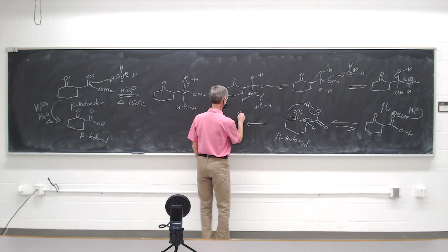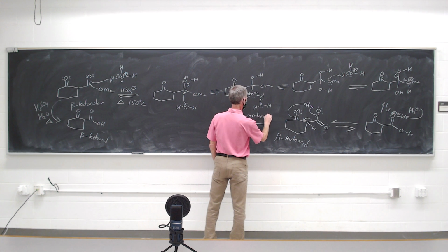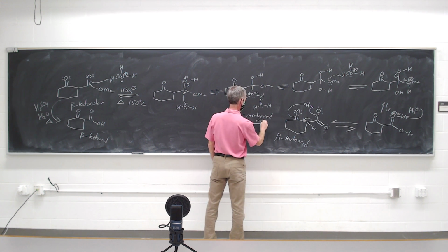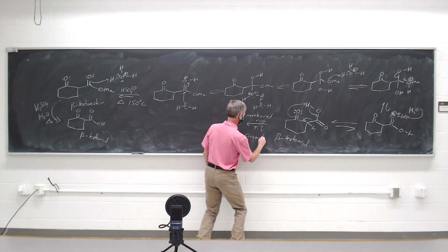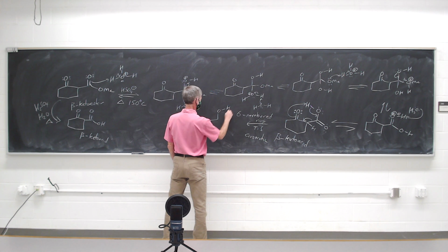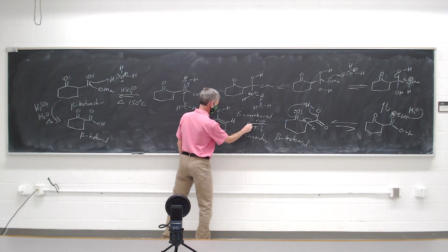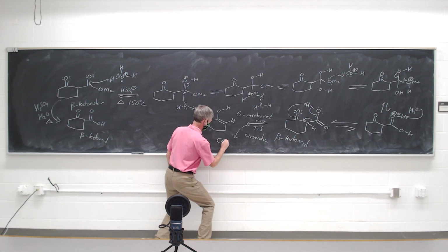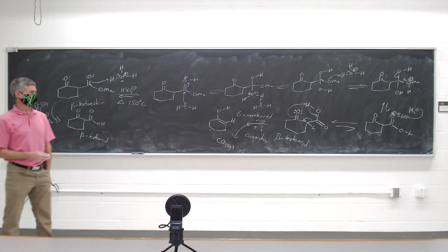That's a 6-membered ring transition state, which means it's aromatic. It's quite favorable, and we liberate CO2 gas. And carbon likes it when it can become CO2 gas.